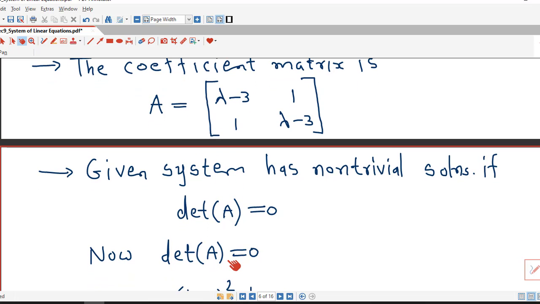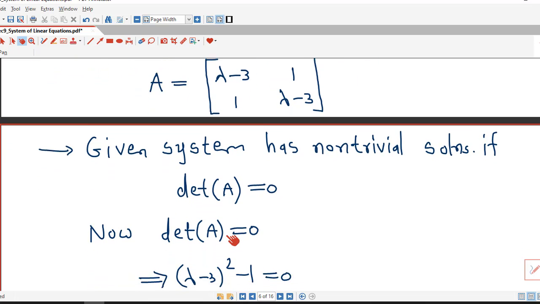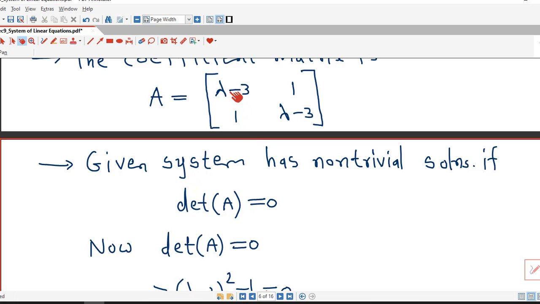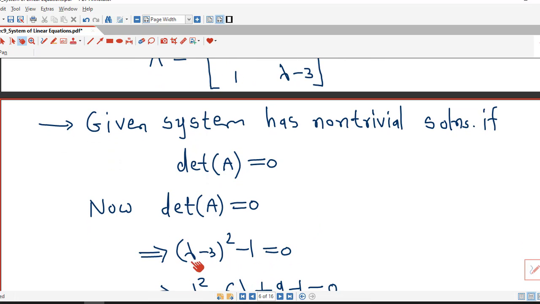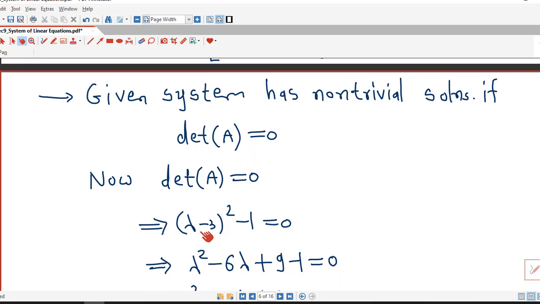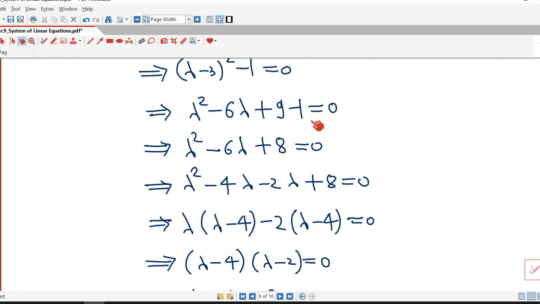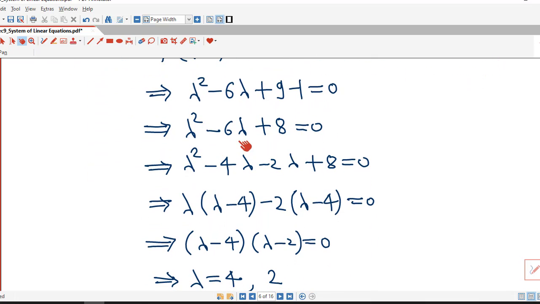Now the determinant being 0 implies lambda minus 3 squared minus 1 equals 0. We simplify this: lambda squared minus 6 lambda plus 9 minus 1 equals 0. So lambda squared minus 6 lambda plus 8 equals 0.